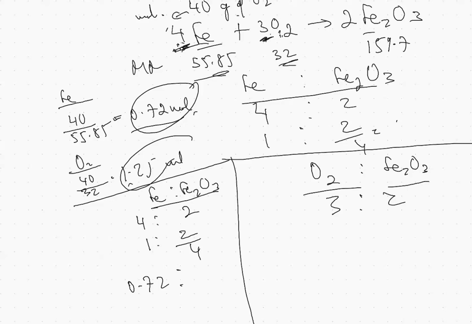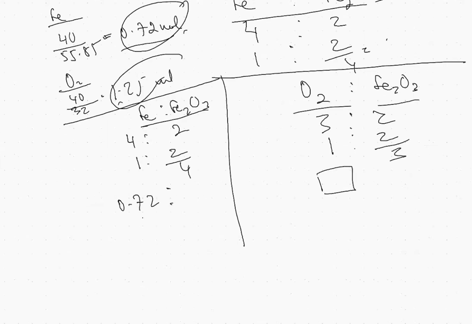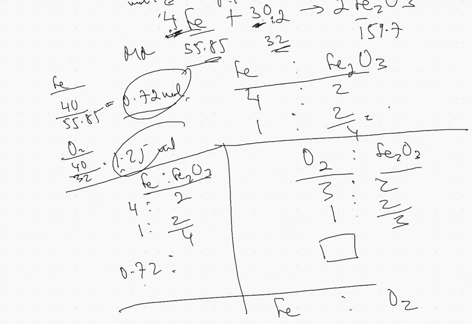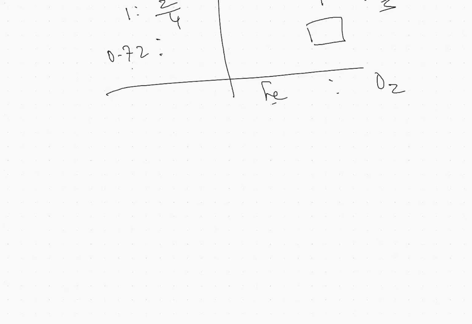Now we know the number of moles of oxygen. This is where it is a bit complicated. We know 0.72 iron and 1.25 oxygen. Now I will write one for iron and oxygen. It is 4 to 3. So if I have 4, I need 3, but if I have 1, I need 3/4.